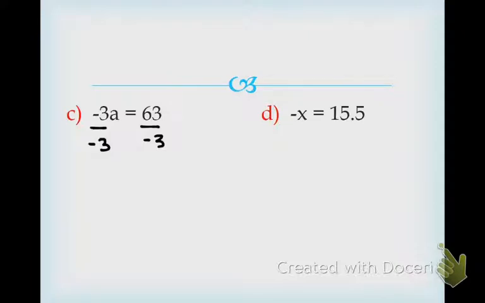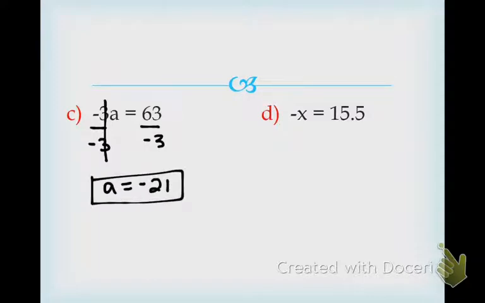Okay, great question. So negative 3 divided by negative 3 equals 1. And 63 divided by negative 3 equals negative 21.